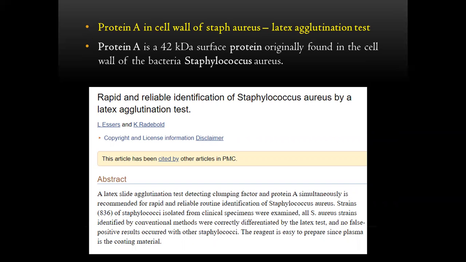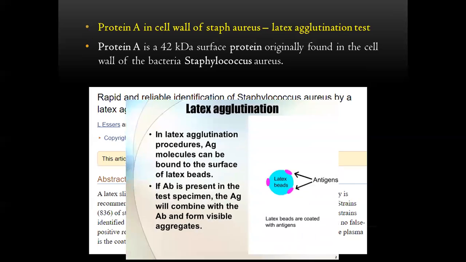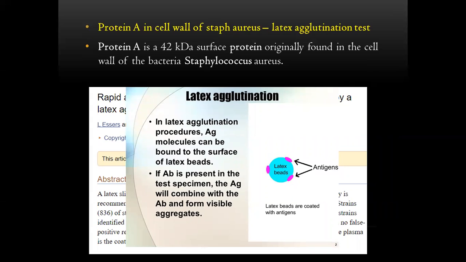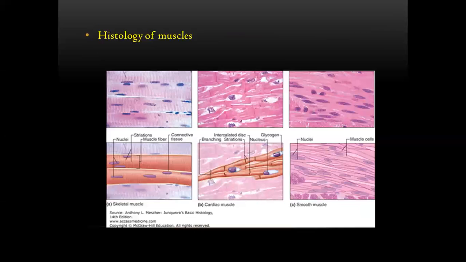A latex slide agglutination test detecting clumping factor and protein A simultaneously is recommended for rapid and reliable routine identification of Staph aureus. I hope it's clear. So, what is latex agglutination? In the latex agglutination procedure, antigen molecules are bound to the surface of latex beads, and if antibody is present in the test specimen, then the antigen will combine with the antibody and form visible aggregates. Now moving to the next question.